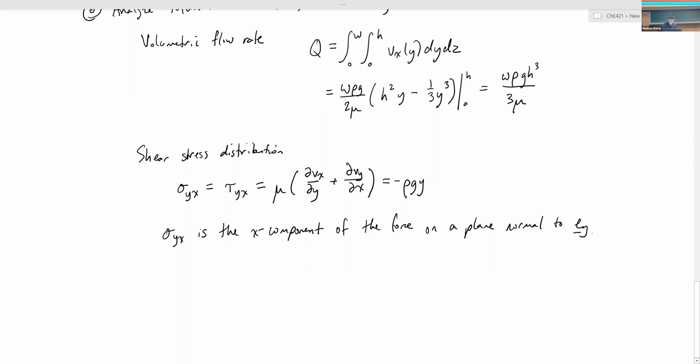And that's exerted by the fluid at greater y acting on the fluid at lower y or lesser y.